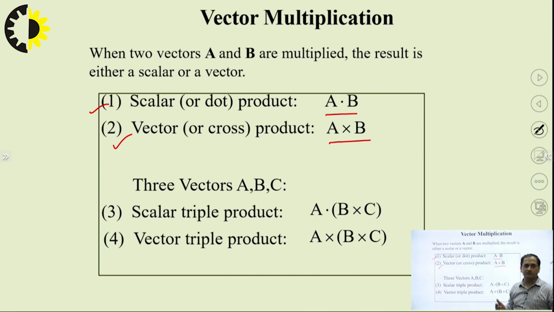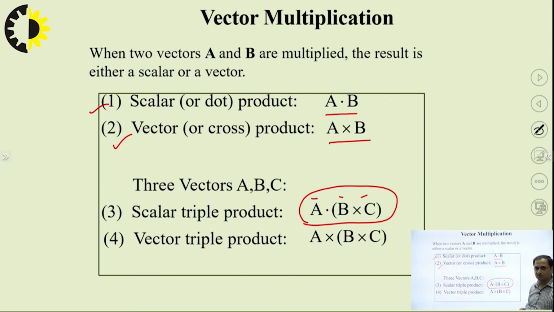Now when we have three vectors, in that case we have the scalar triple product and the vector triple product. Why do we call them the scalar triple product and the vector triple product? The reason is very simple. In the scalar triple product, vector A is there, vectors B and C are there.